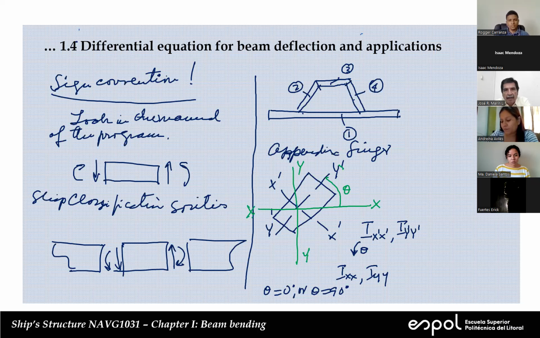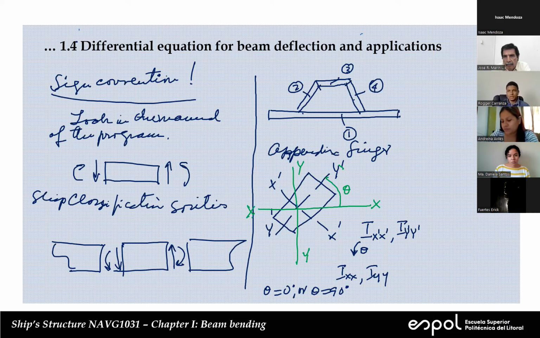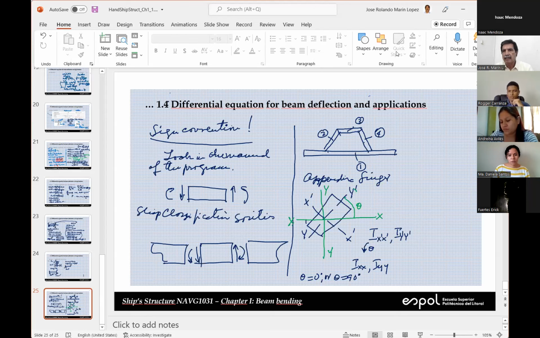Mr. Carranza, do you have a question? Yes, doctor. In problem 3, what would be the weight of the propeller considered in the problem on the experimental situation? I thought I included it. No, I'll check it up.